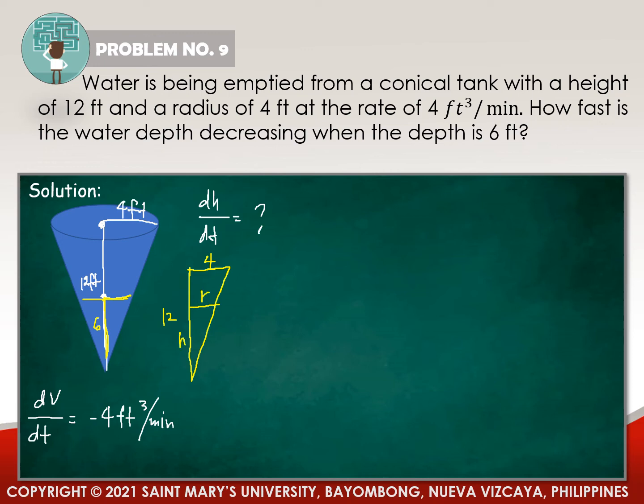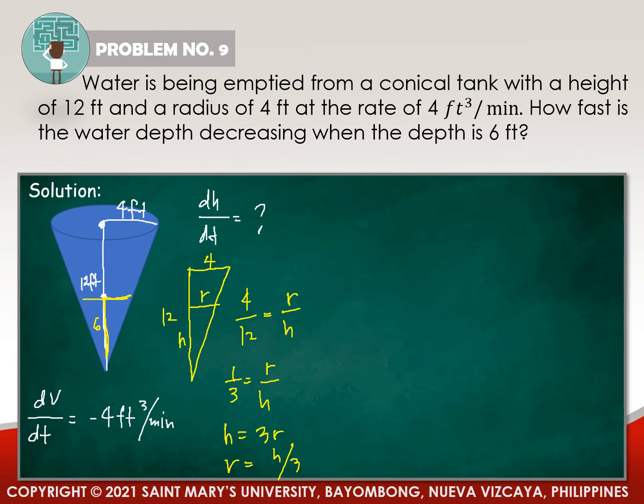So magse-set up lang tayo ng proportion. We know that we have 4 over 12 is equal to r over h, or 1/3 is equal to r over h, making it h is equal to 3r. Therefore, r is equal to h over 3. So yan ang value ng radius natin, h over 3.